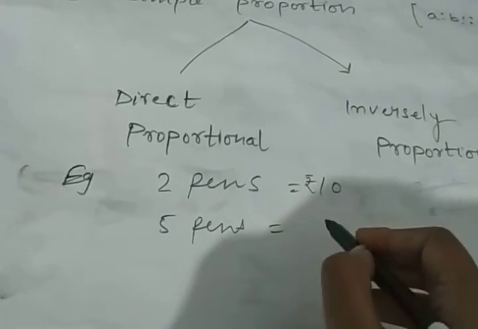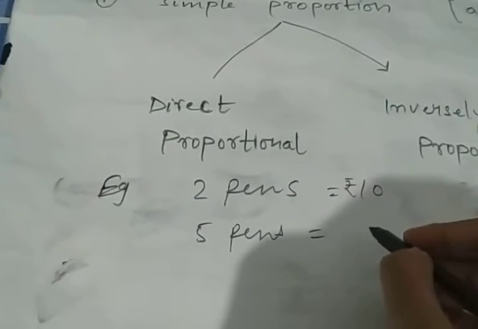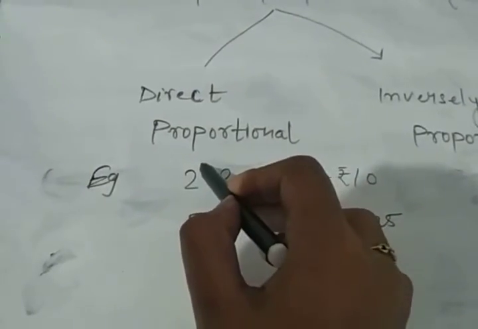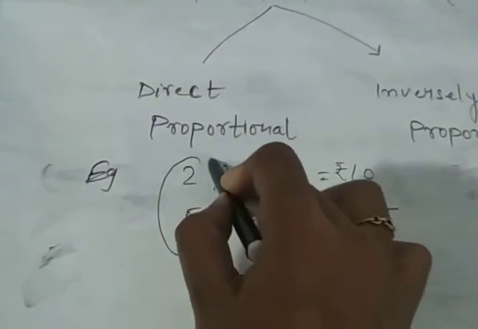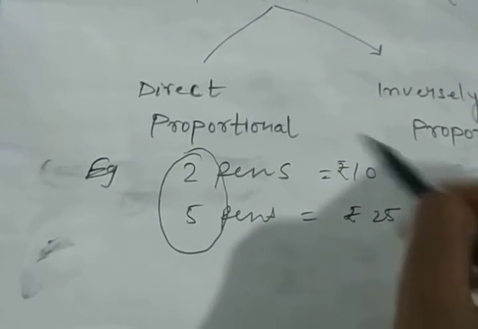The cost of 5 pens will be 25. It means when you increase the quantity of something, the price will increase.